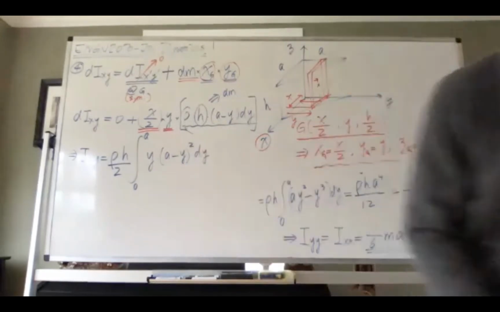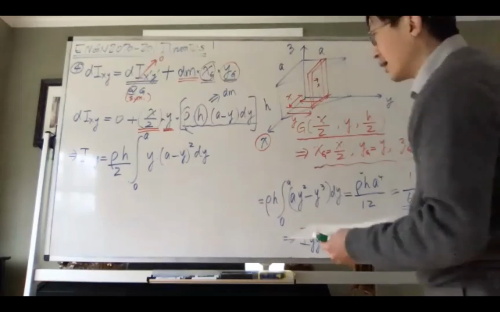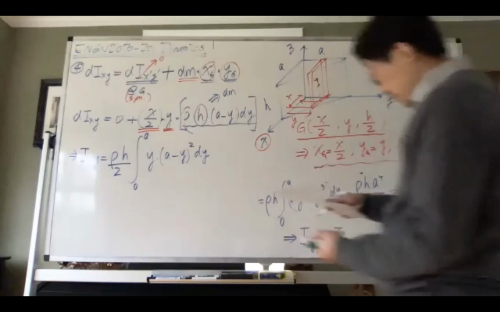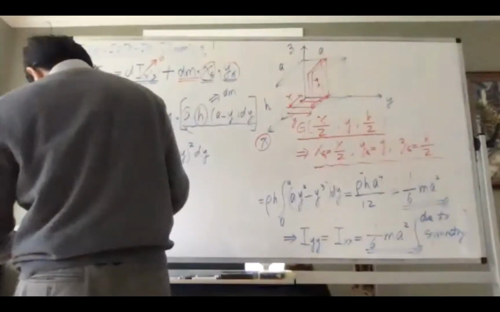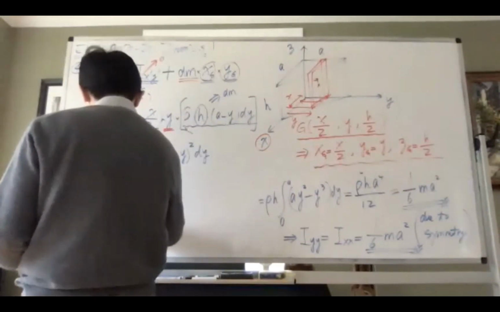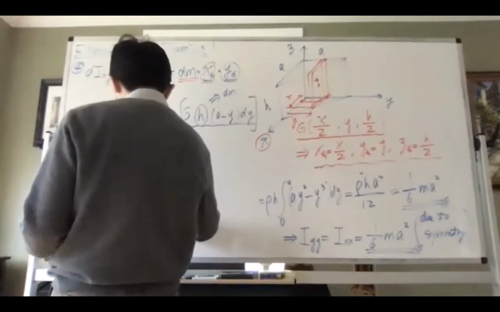This is a polynomial, so you know how to do it, and I'm not going to bother you with this. So here, Ixy, and the result is going to be 1/12 total mass times a squared.